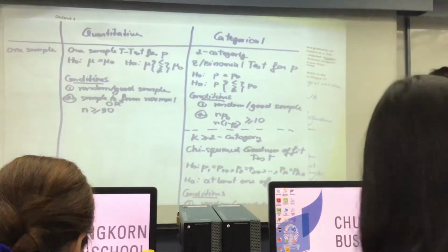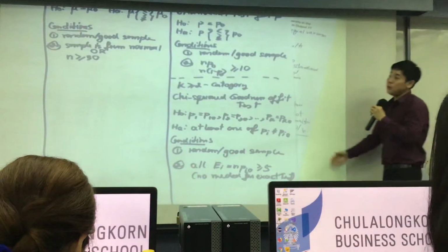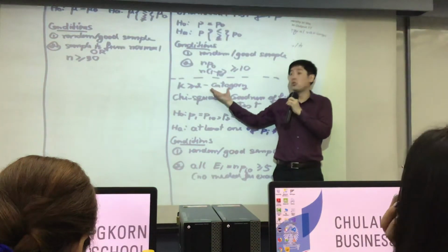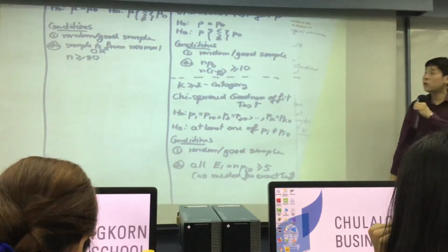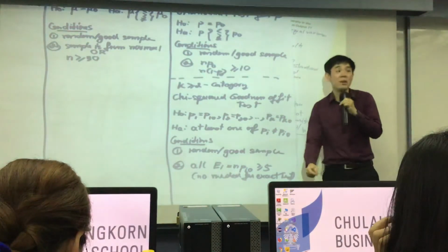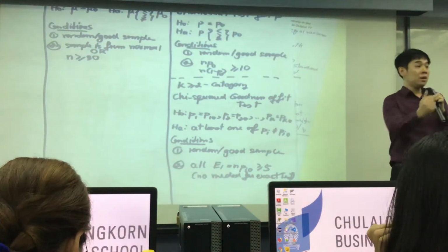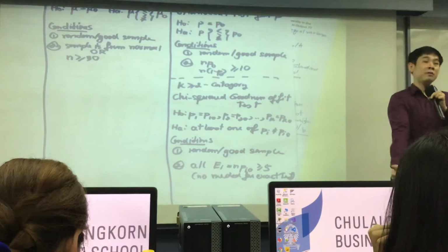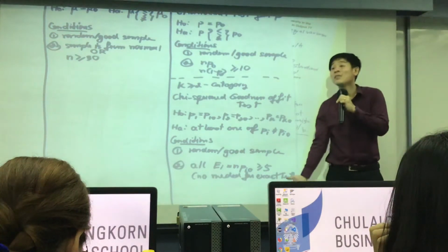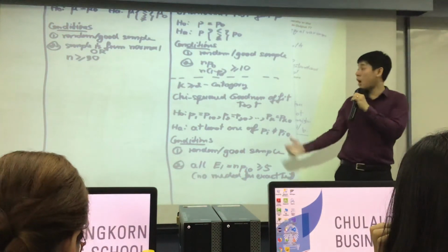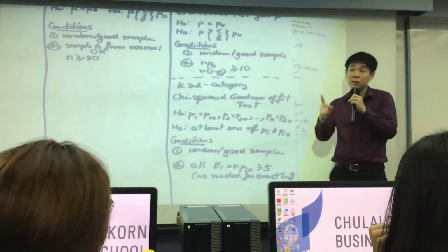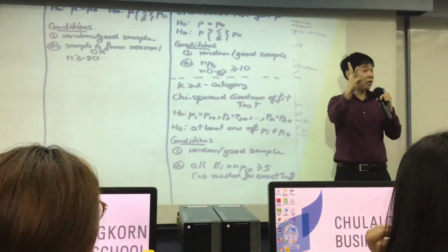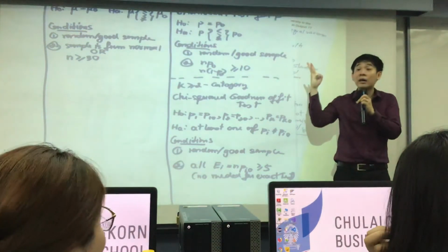But if we have more than two categories, think of market share, think of a cola drink, think of Coke, Pepsi, and in Thai we have S, something like that. When you have any number of categories, instead of P, you would have P1, P2, P3, up to PK.